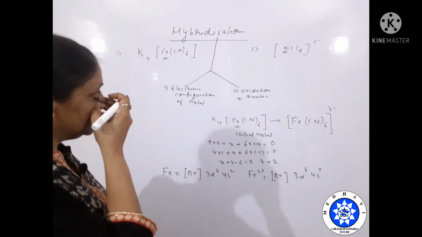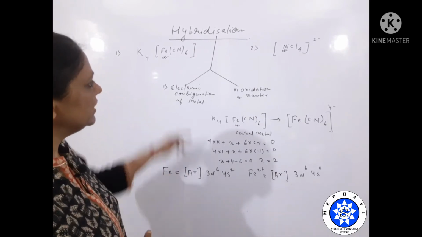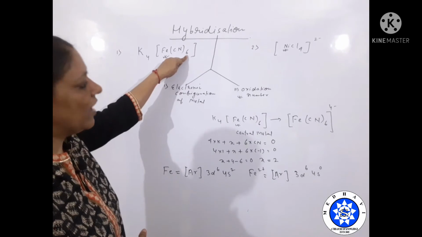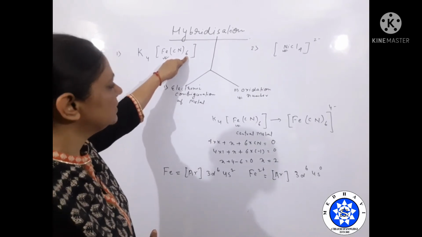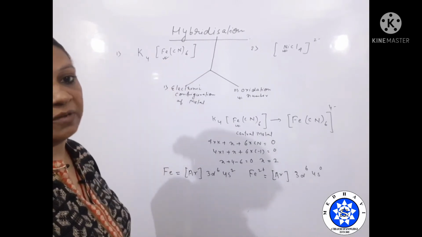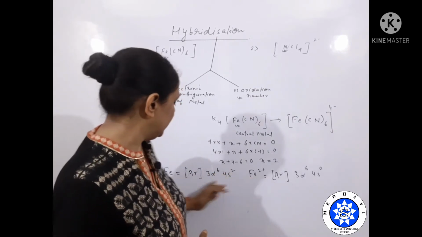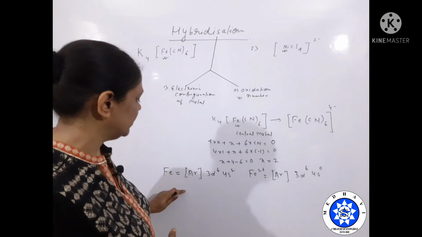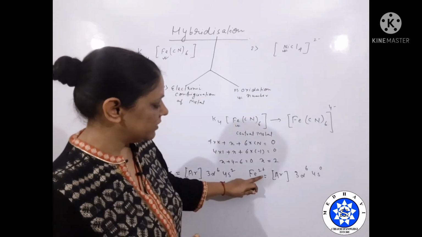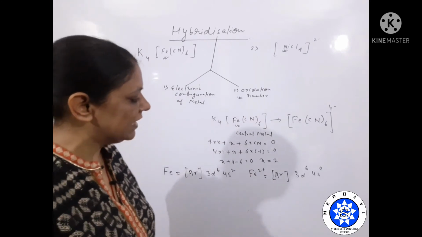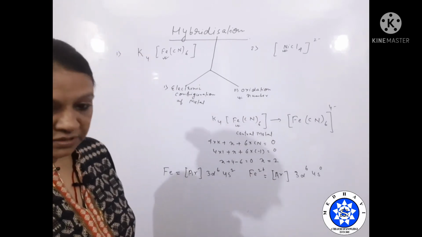So this is coordinate compound. Actually we need to vacate 6 vacant orbitals so that coordinate bond formation takes place. So I have created the compound, I have found the oxidation number, and the compound is Fe2+ Ar 3d6 4s0. Now how we will fill the electrons? That is important.